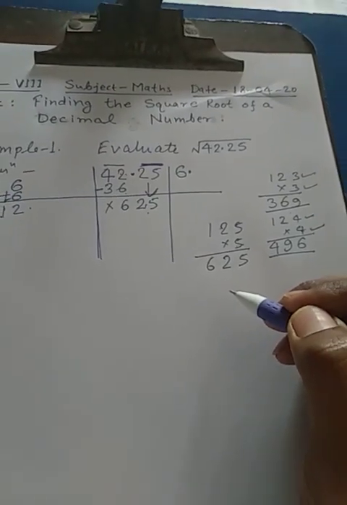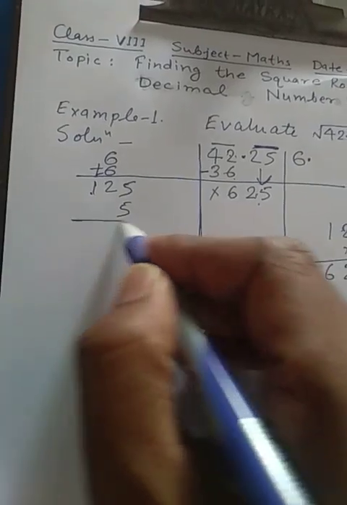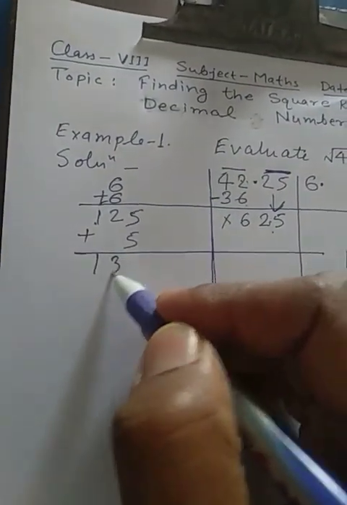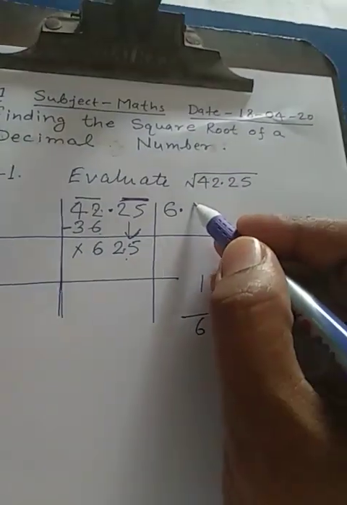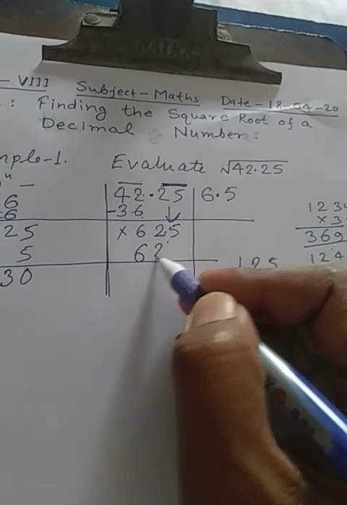Yes, it is 625. So we have to put 5 here, add to make 130, and write the product 625.